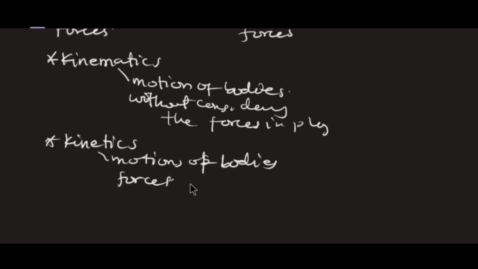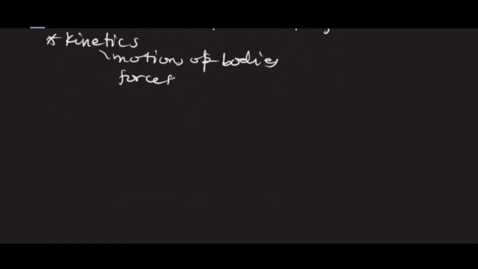Now, let's see other categories of mechanics. Another major category we have is what we call relativistic mechanics. So when you say relativistic mechanics, it deals with the phenomena that occur at the cosmic scale.